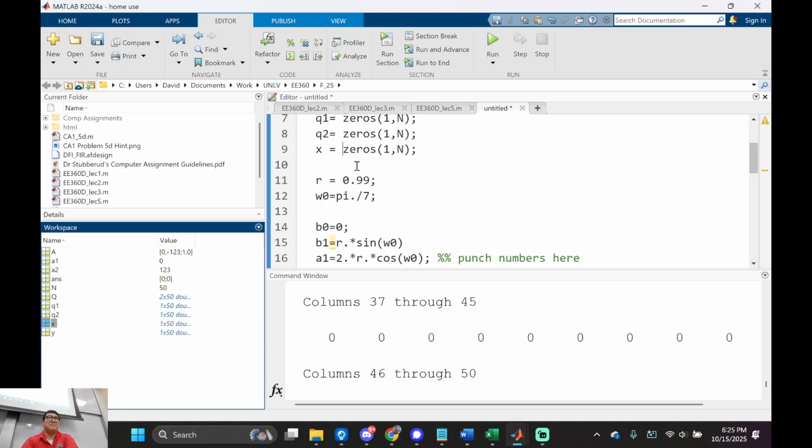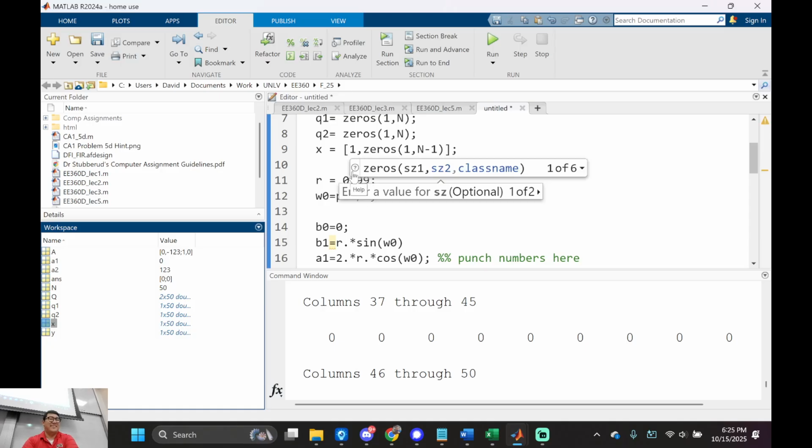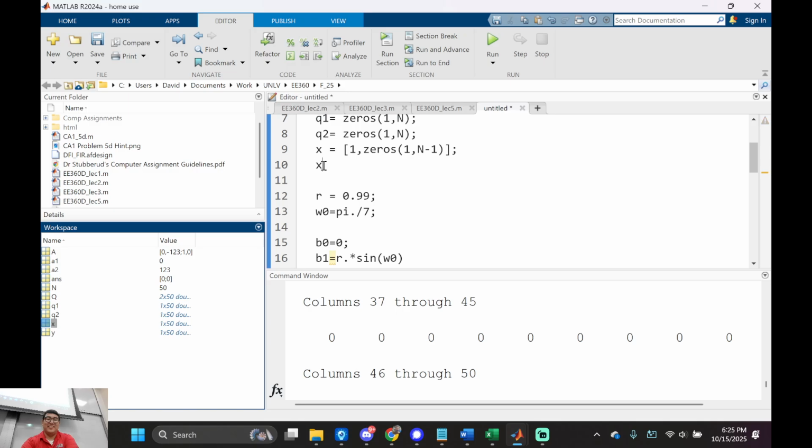Which way should I do it? Should I do it like this? Boom. Should I do it like that? Or should I do it like this? Which way? Come on, trivial questions. It doesn't matter. It's just your design.